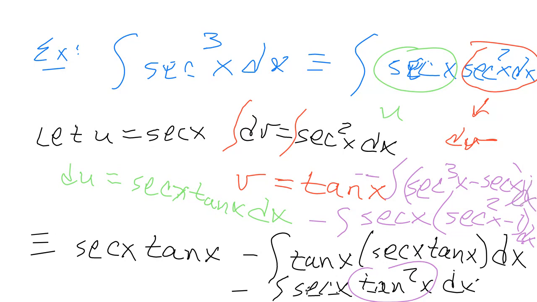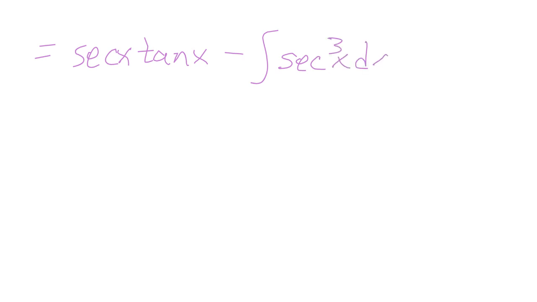Let me try to remember this: it's secant x tangent x, which I had originally, and then minus the antiderivative of secant cubed. And so minus a minus, that'd be plus. I'm subtracting the whole thing because I'm going to split it up.